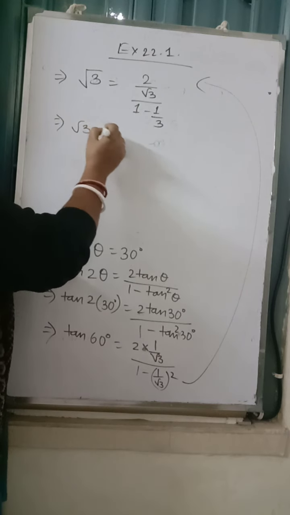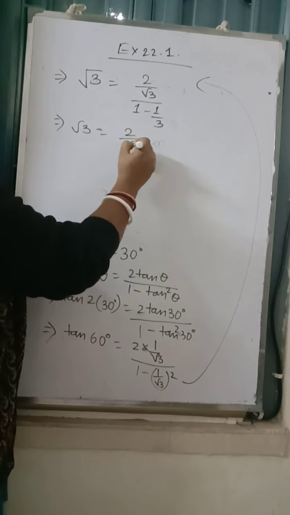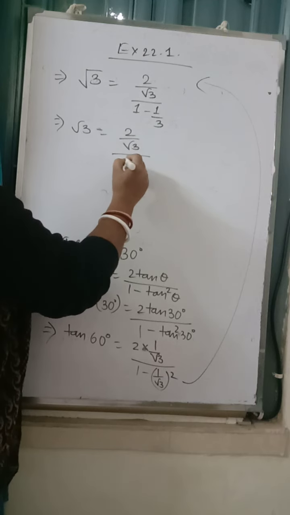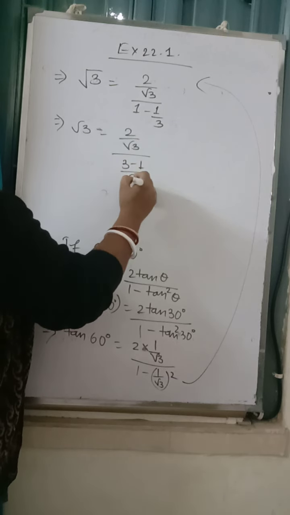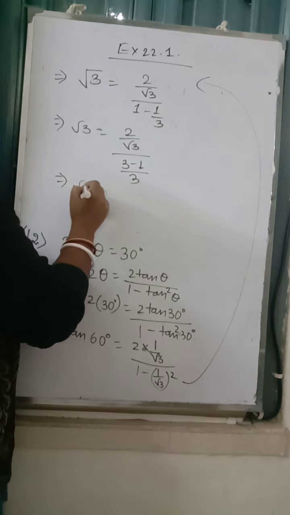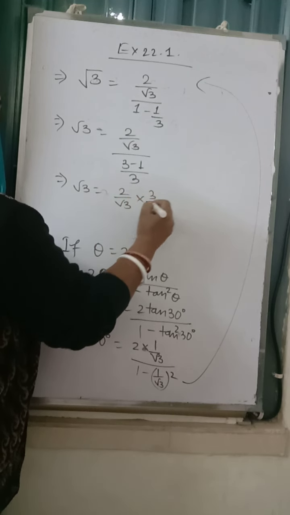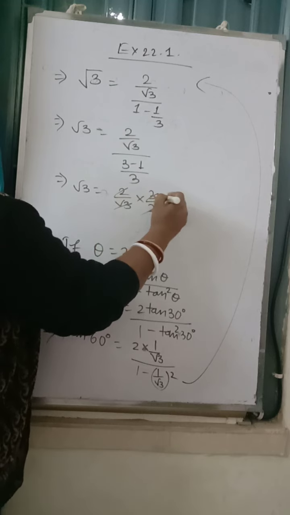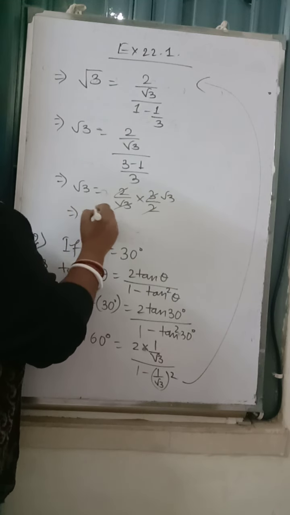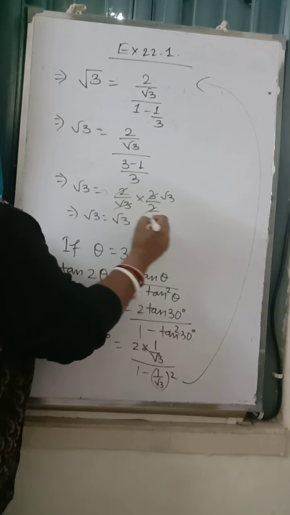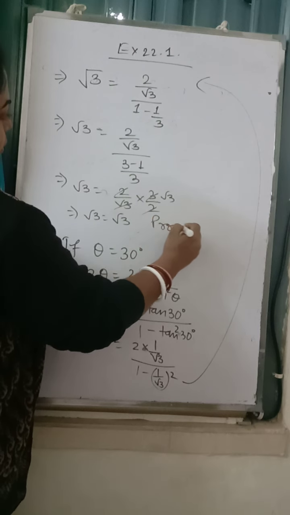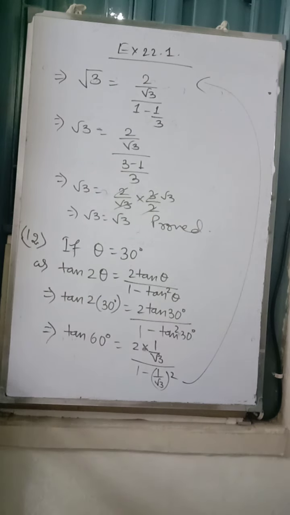So root 3 is equal to 2 by root 3 by 3 minus 1 by 3, or root 3 is equal to 2 by root 3 into 3 by 2. Root 3 is equal to root 3. Proved. This only we had to prove. Left side and right side should be equal. That we have to prove.